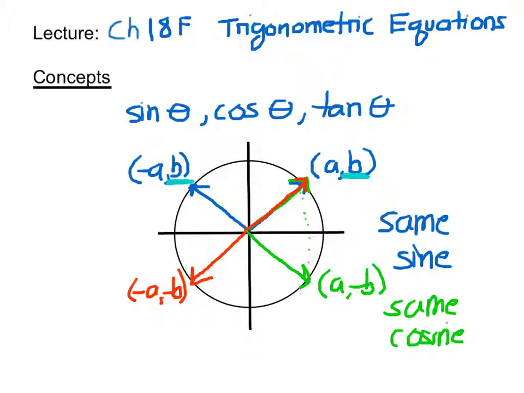And in this case, these 2 angles are going to be 180 degrees or pi radians apart. So this first angle is going to be 180 degrees away from, or pi radians away from, this angle.